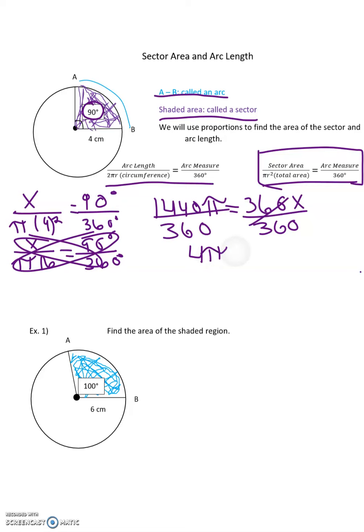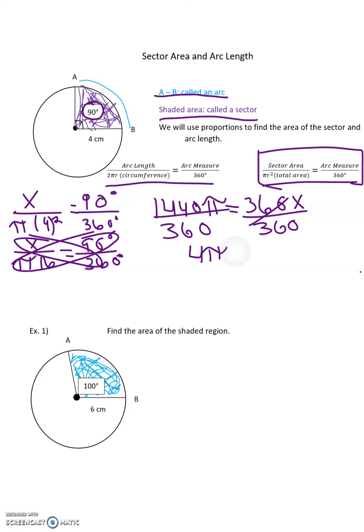So now would be a good time to pause if you wanted to try and find the area of the blue shaded region on the next example. Go ahead and do that if you'd like. So I'm going to go ahead and do this one now. We're trying to find the area of the blue region, so we're going to use the same formula. So x, our sector area, over the total area, which is pi times 6 squared.